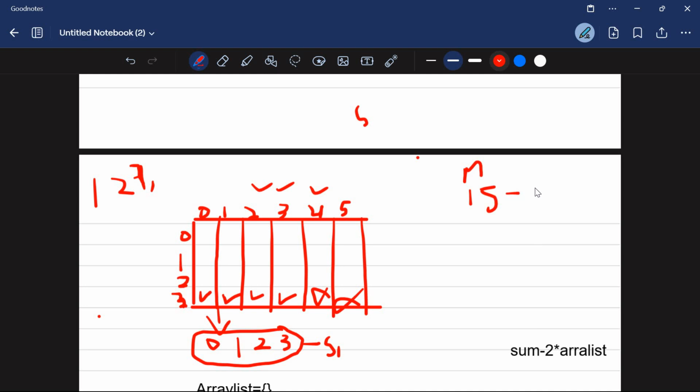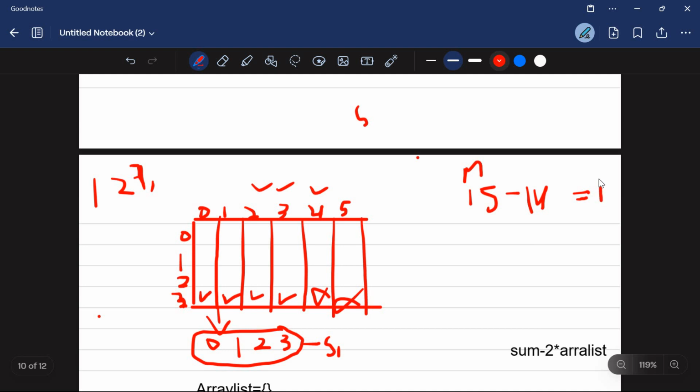I can take 1, 2, 3, 4, 5, 6, 7, 8, 9, 10, 11, 12, 13, 14. I can take any number, but what will I choose? I will choose the maximum of my choices, only 14. That's why I will get a difference of 1.